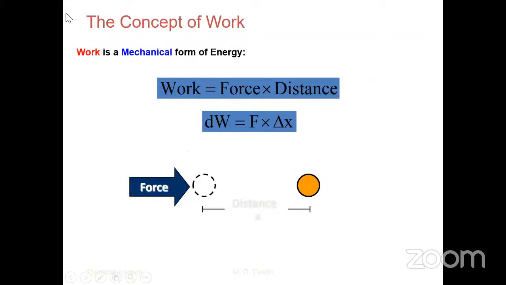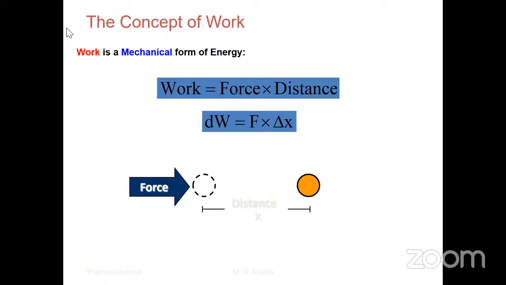Work. Let's look at work. We'll still use that energy later on. Concept of work. Work is a mechanical form of energy. Let's define work in a relationship form.